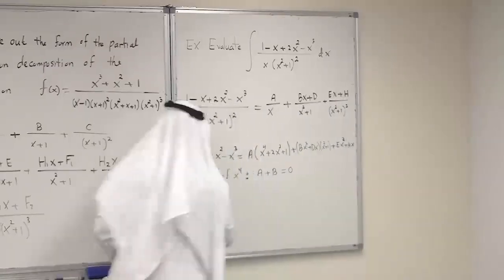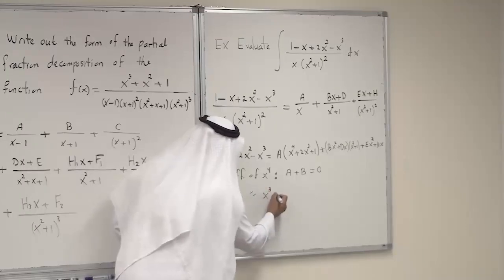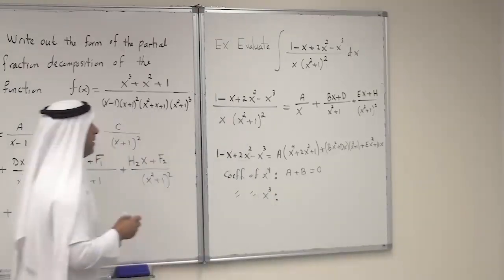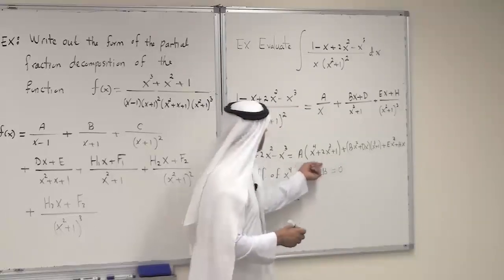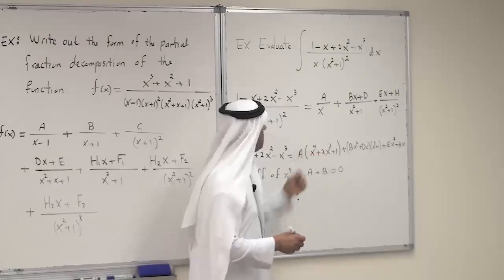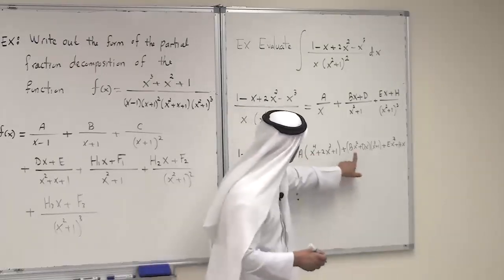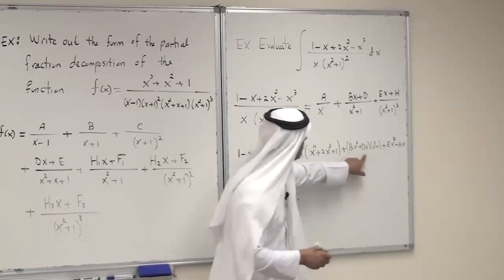Second one. Let's move to the coefficient of x cubed, for example. The first term doesn't give us anything about x cubed, because no term will give me x cubed. For the second one, I have bx squared times x squared, which is x to the 4. This is x squared.